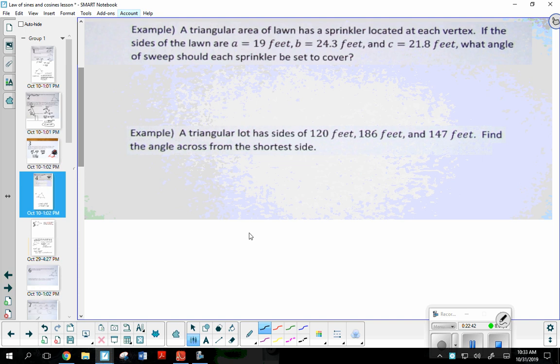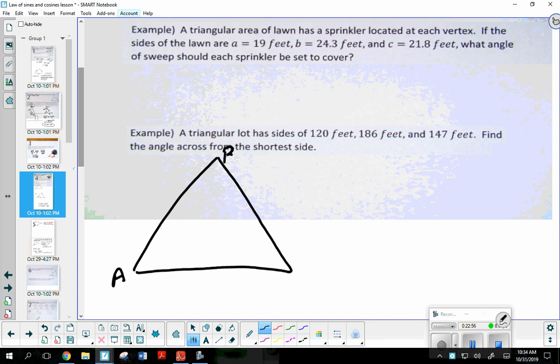It says a triangular lot has sides of 120, 186, and 147. So another side, side, side. Find the angle across from the shortest side. This one isn't labeled directly, so I'll just say A, B, C. So let's say we have 120 feet here, 186 feet here, and 147 feet here.